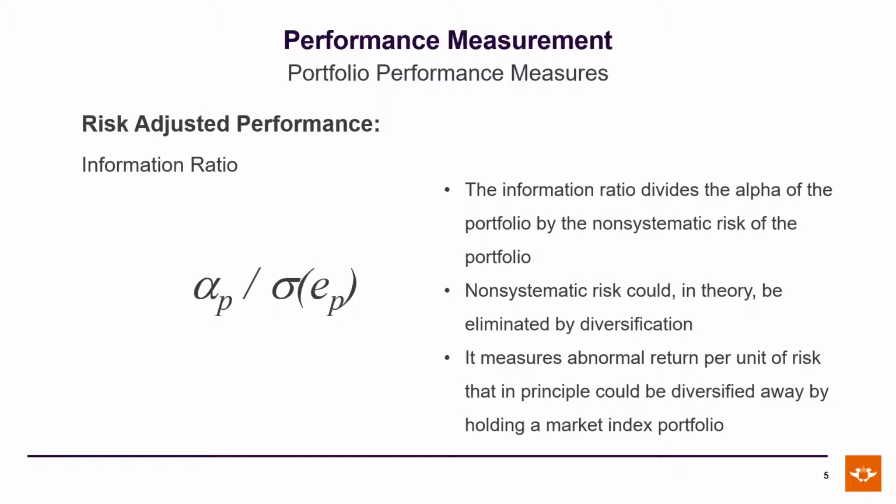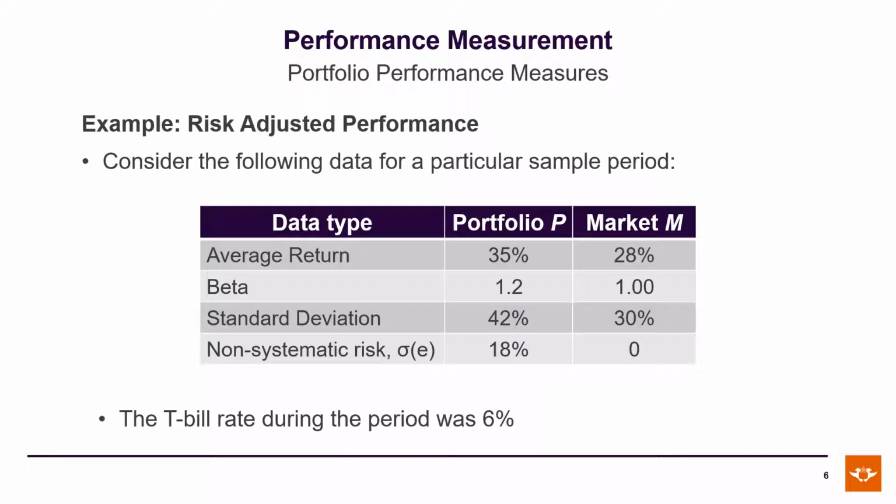So in other words, how much abnormal return are you holding, and is there any diversifiable risk that you still have, which you could have gotten rid of? And it's a ratio of those two. The next 3 slides look at an example and how we calculate all of the various risk-adjusted measures that we've talked about.